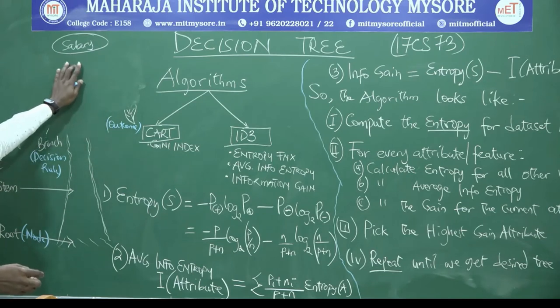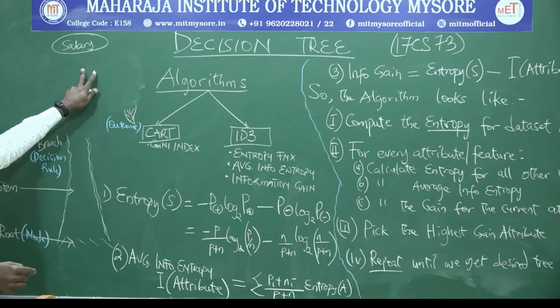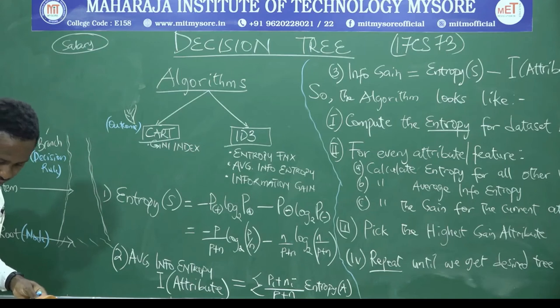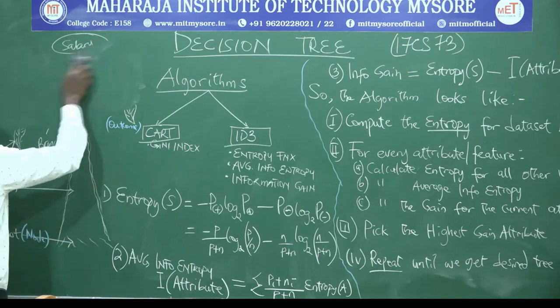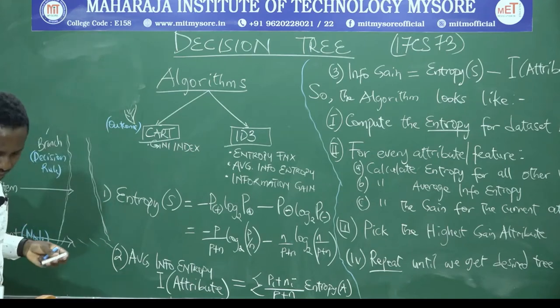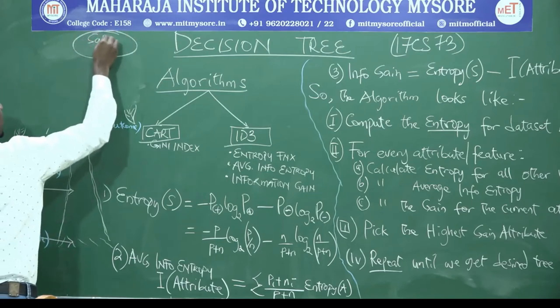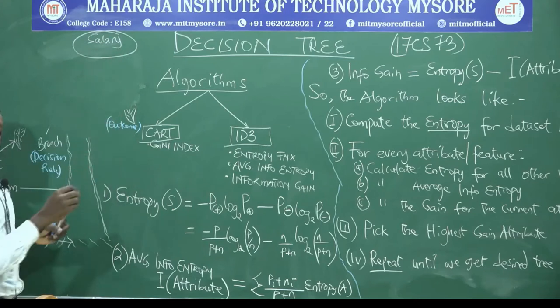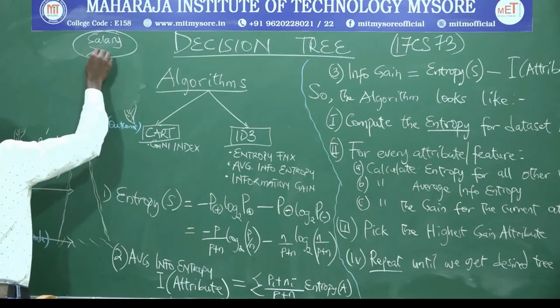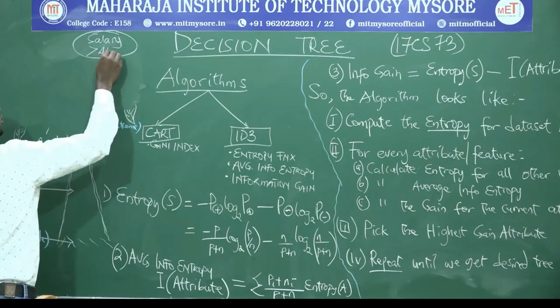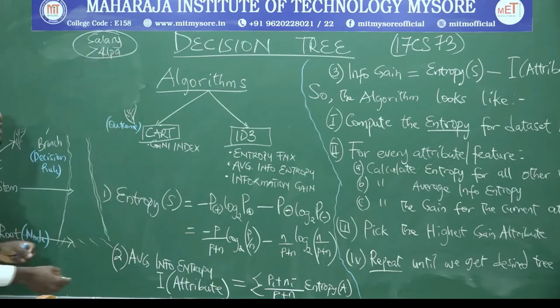Right? Fine. If salary is your root node, what are you going to consider next? Now, how much is the salary, right? So, I'm going to expand this now. Instead of just writing salary alone, I will make it this way. So, this is salary, and it has a constraint. Is this salary greater than 4 lakhs per annum? For most of you, even freshers also, they want 4 lakhs per annum salary.